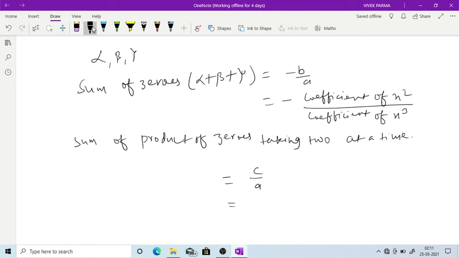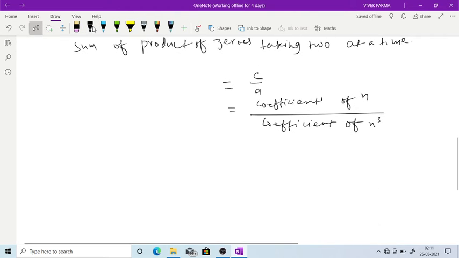And what is c here? The coefficient of x, upon, and what is a here? The coefficient of x cube.